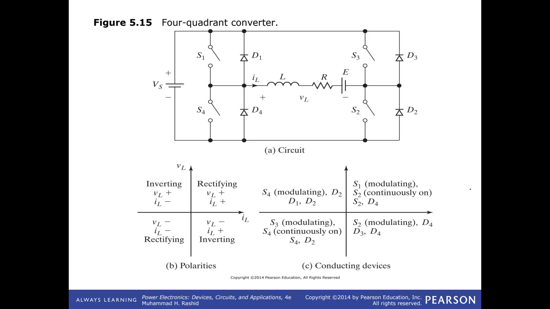Now I have a question. I put S3 and S4 on. What's going to happen? Think about that first. A minute ago, I said S1 and S2 were on, and the current was flowing like this through that network.